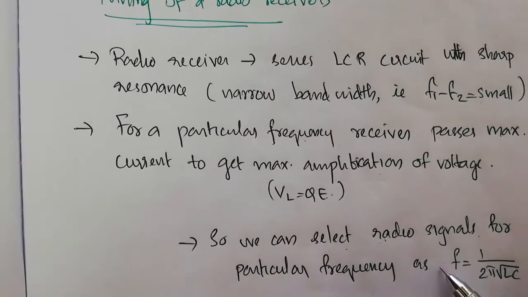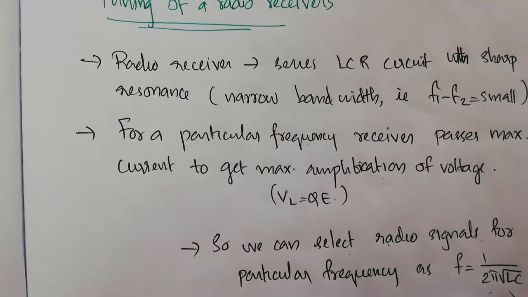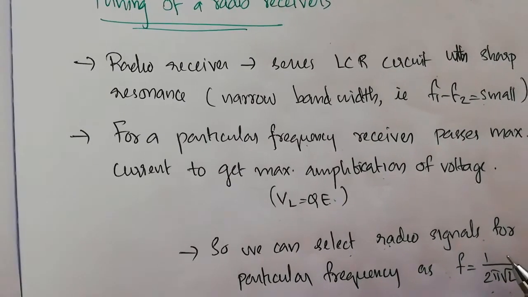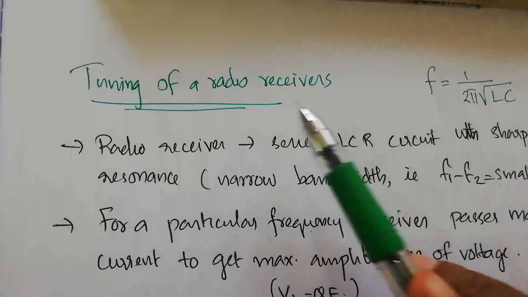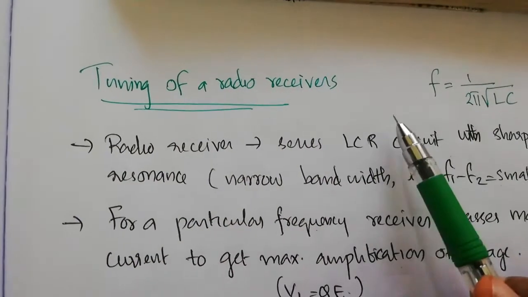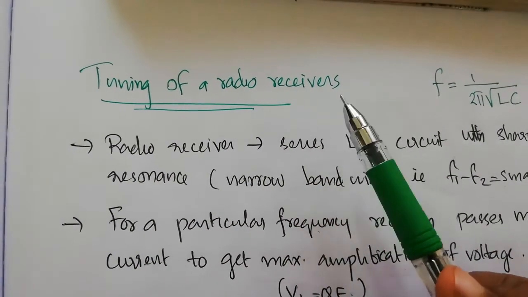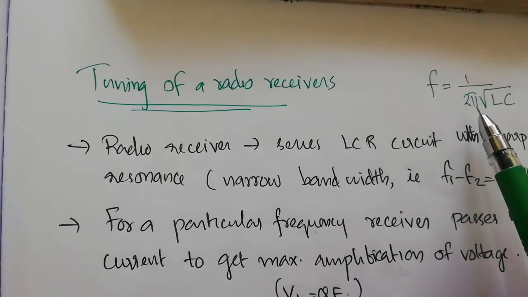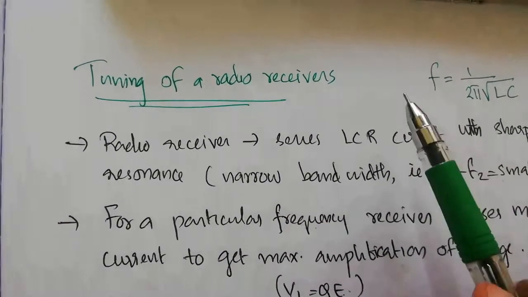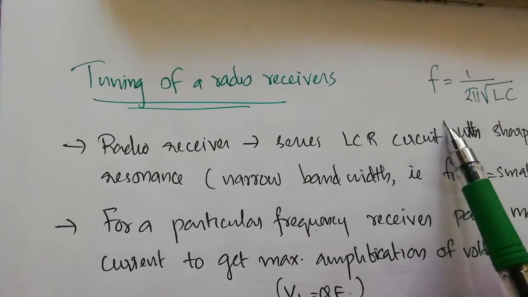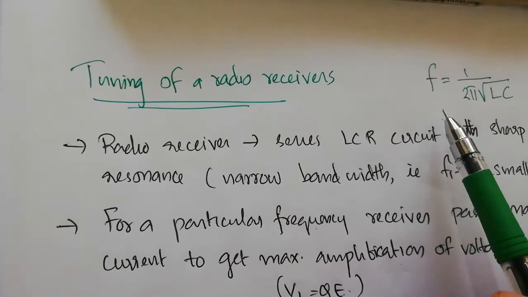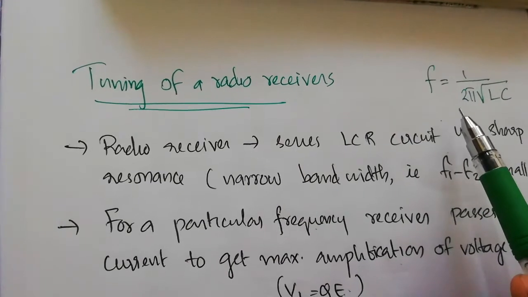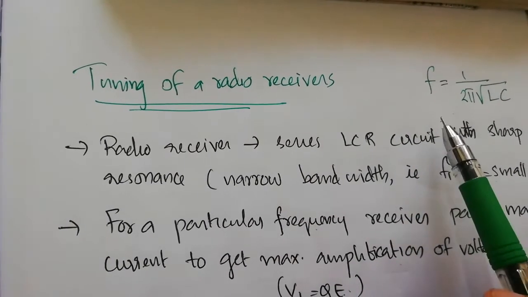The circuit has the frequency f is equal to 1 by 2 pi root LC, which is matching with our frequency. In case of tuning, if the radio signal which is reaching the series LCR circuit has the same frequency, then the particular radio signal is allowed through the circuit by producing maximum voltage amplification as said before.